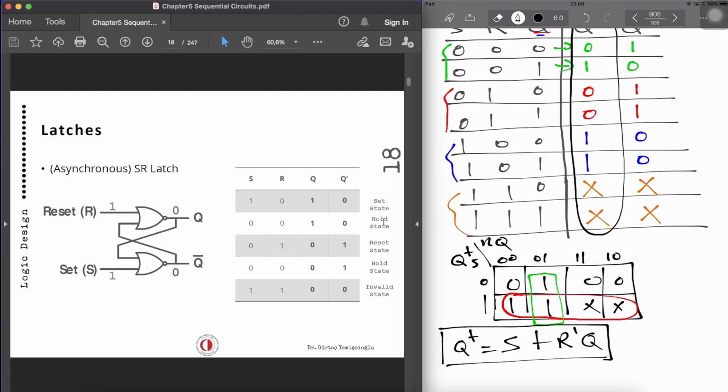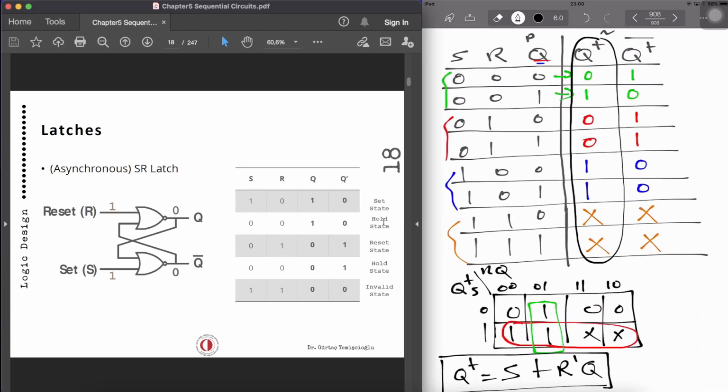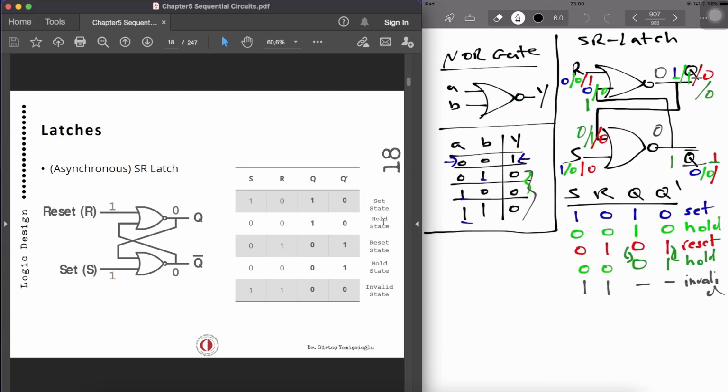You have to know this because we are going to use this a lot. This is the first next state equation that you will need to remember, and that's the formation of the SR latch where we have two NOR gates, and the output of one is fed back into the other one, and the output of the other one is fed back into the first.